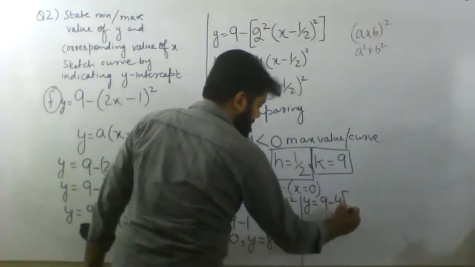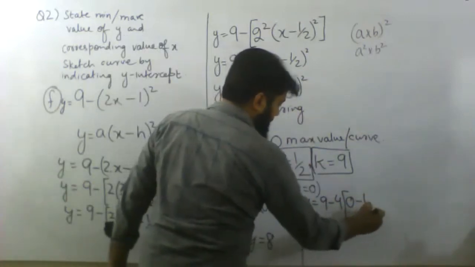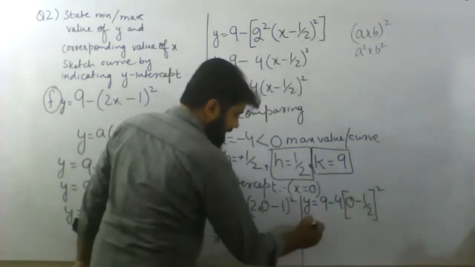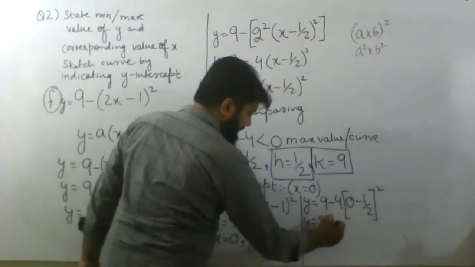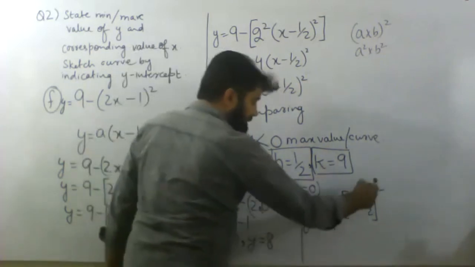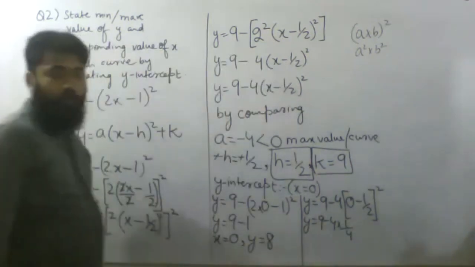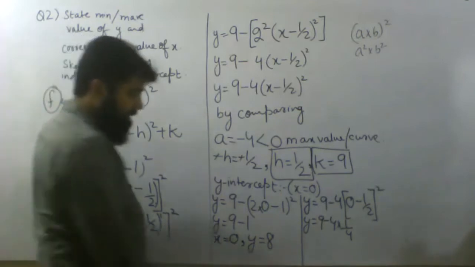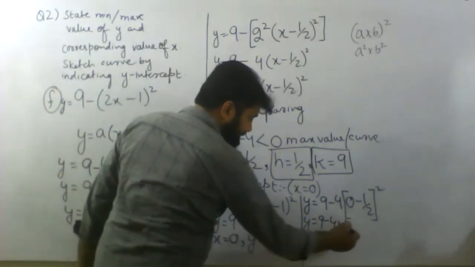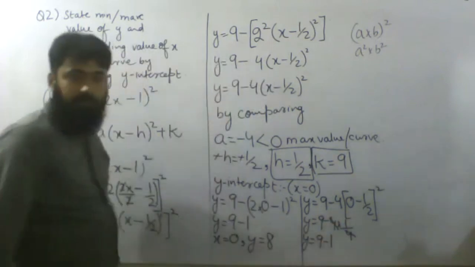minus 4, x is 0 minus half whole square. y equals 9 minus 4. 0 minus half will be minus half. Minus half whole square will become 1 over 4. y equals 9 minus 4, and 4 and 4 will be cancelled. 1 will remain.